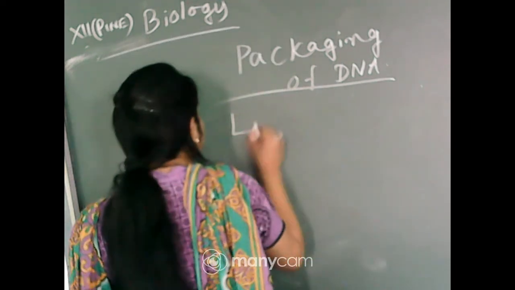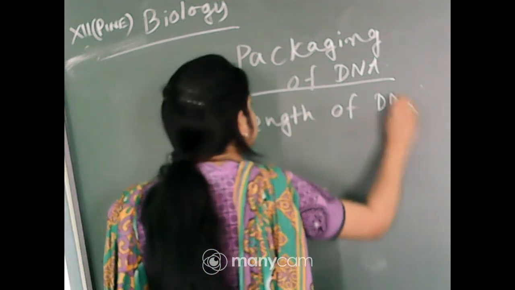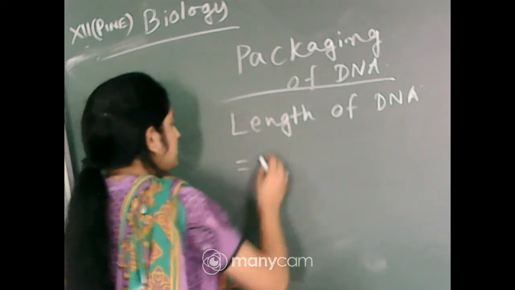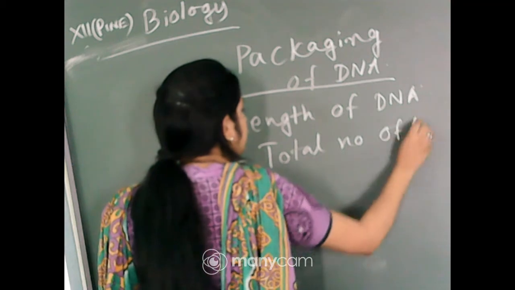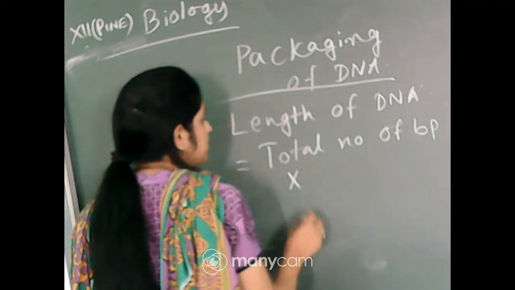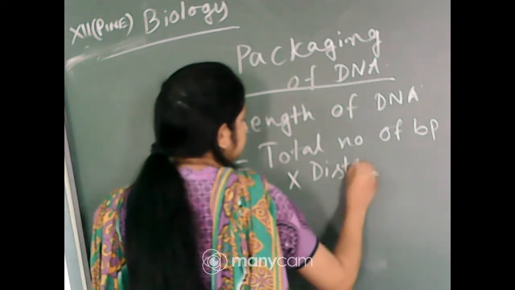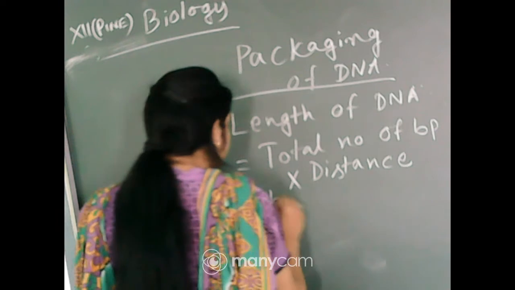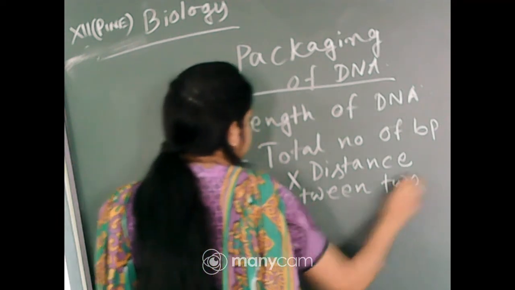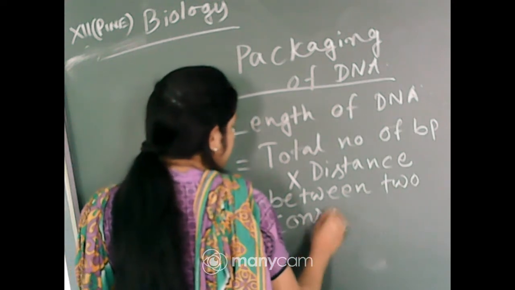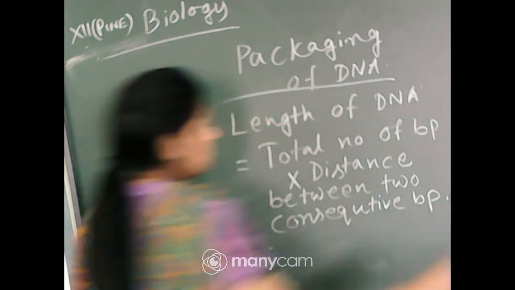So, the length of DNA equals the total number of base pairs multiplied by the distance between two consecutive base pairs.